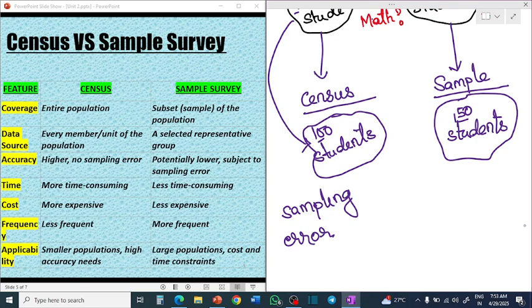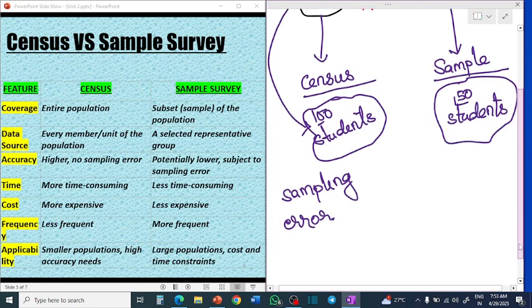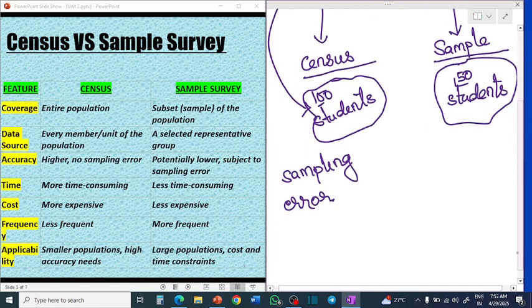For example, in the first case we can consider the 100 students. We will collect the marks of all of the 100 students. Suppose the average comes to 78 marks. So in census, we get that the average of the 100 students is 78 marks.